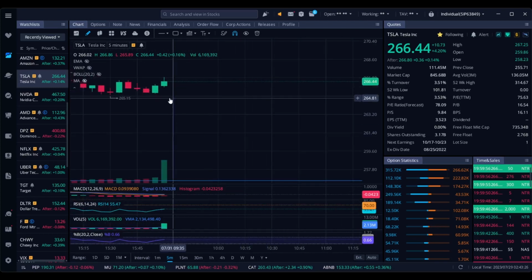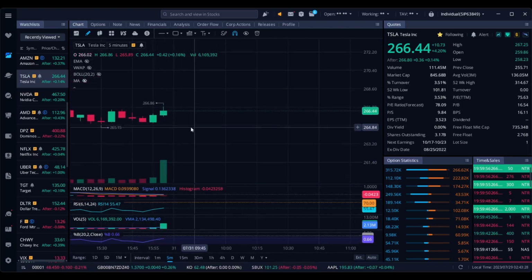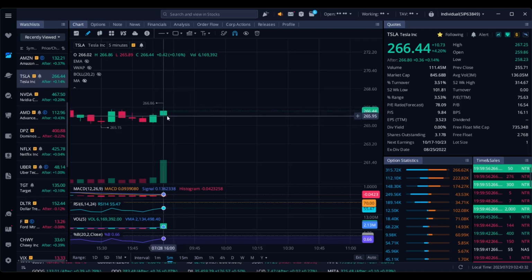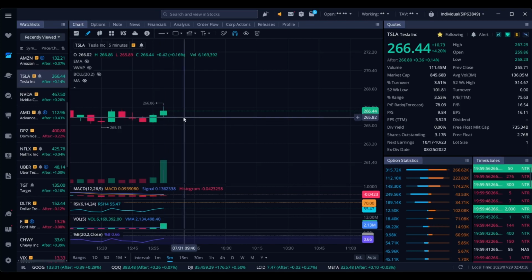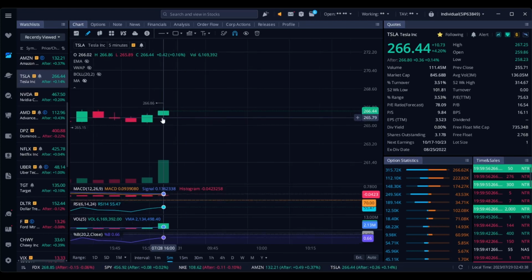Alright, so look. If the candlestick is green, price opened here, maybe dropped all the way down to the bottom of this wick. If you can see that right there, which is 265.79, that so happens to be the price.